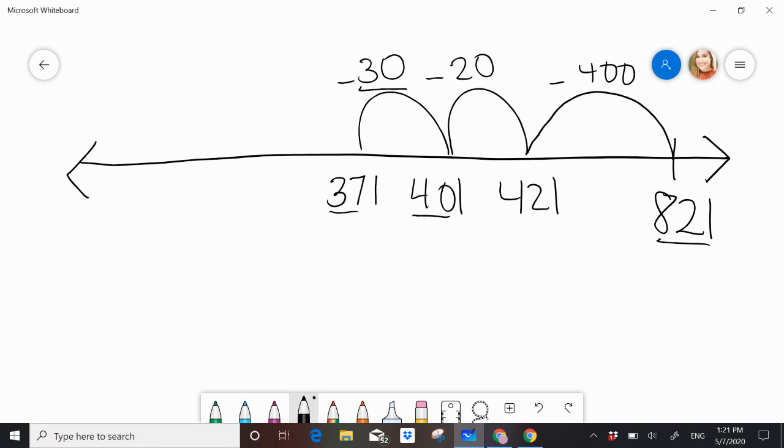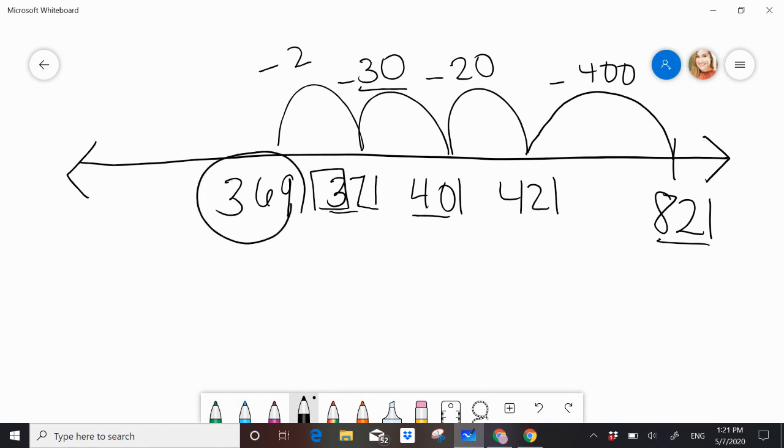And then 450, just need to subtract 2 more. 71 minus 2 is 69. I'm still in my 300s, so my final answer is 369. You can also do your work like this.